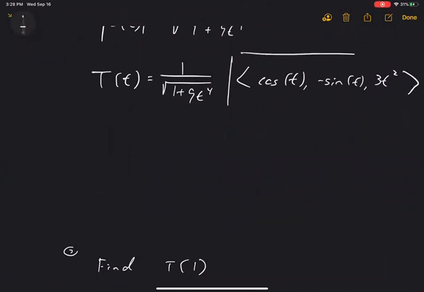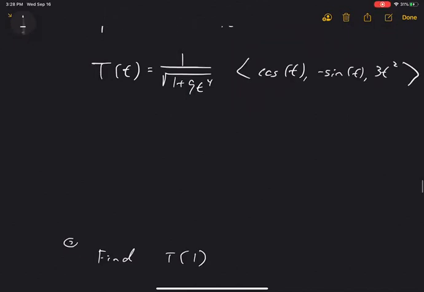First of all, it points in the same direction as the tangent vector, right? Since these components are the same as the tangent vector, these vectors are parallel. But I'm multiplying this one by a scalar. So this is a scaled version of my tangent vector. And if I computed the length of this vector, what's the length? Well, I could use my dot product formula to calculate the length, and it should come out to 1. It might be a difficult calculation, but it should come out to 1.